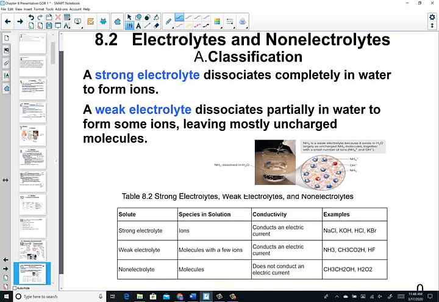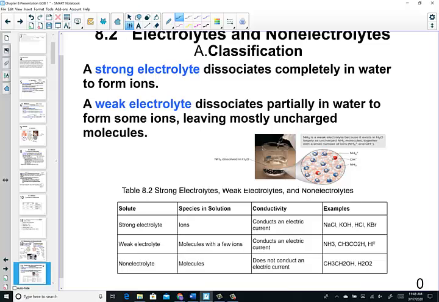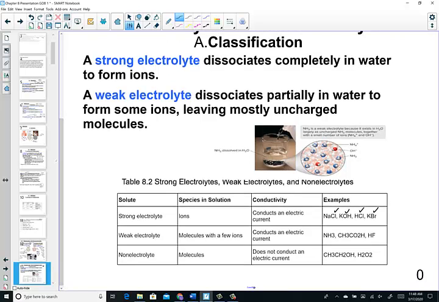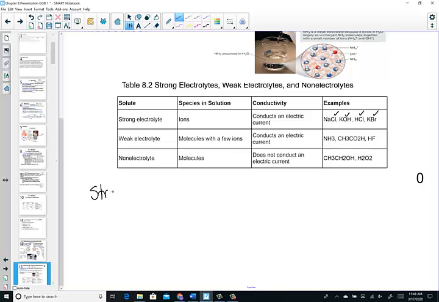Some examples of strong electrolytes would include sodium chloride, potassium hydroxide, hydrogen chloride, potassium bromide. Let me give you an example of what I'm saying in terms of the dissociation arrow. So an example of strong electrolytes, which means they 100% dissociate. And if you don't like the word dissociate, think of it as separating, breaking apart.